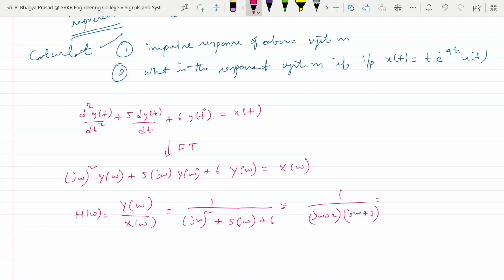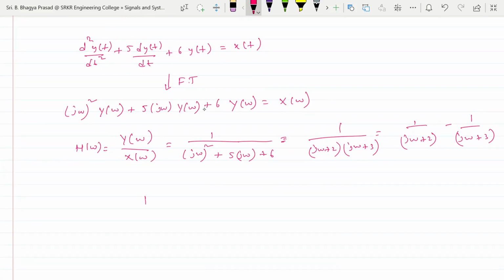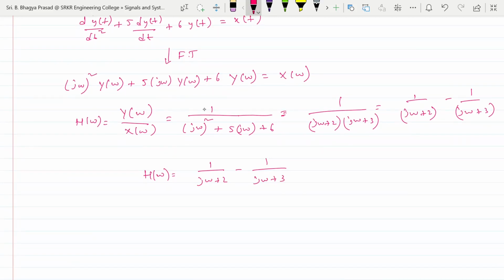The constants obtained by using the partial fractions are 1 by (j omega plus 2) and minus 1 by (j omega plus 3). We solved this in the previous problem. So the system transfer function is H of omega, that is 1 by (j omega plus 2) minus 1 by (j omega plus 3). We want the impulse response.